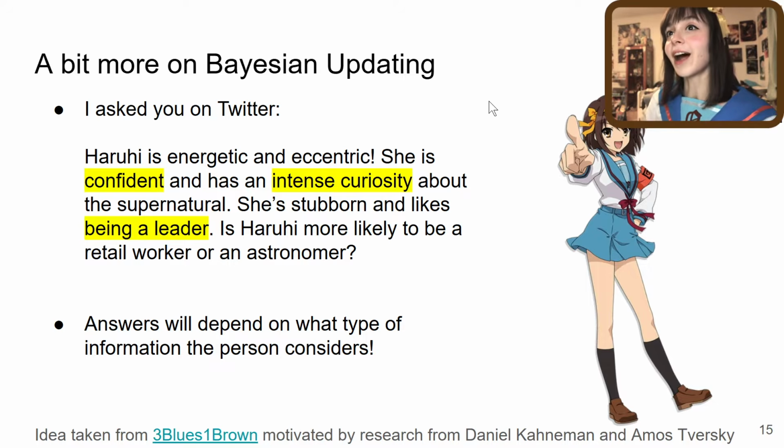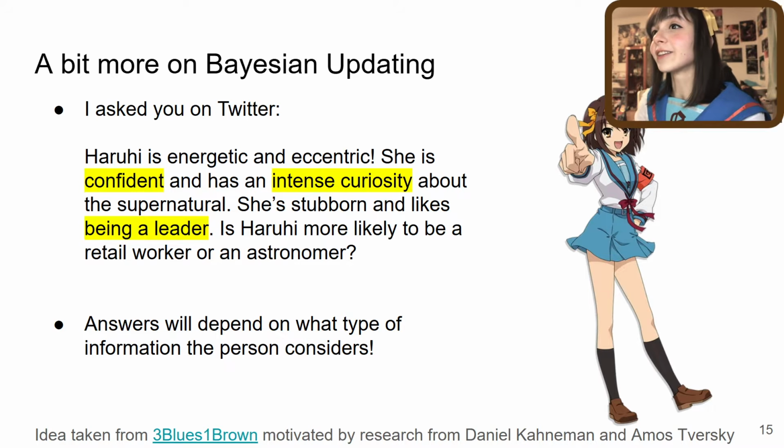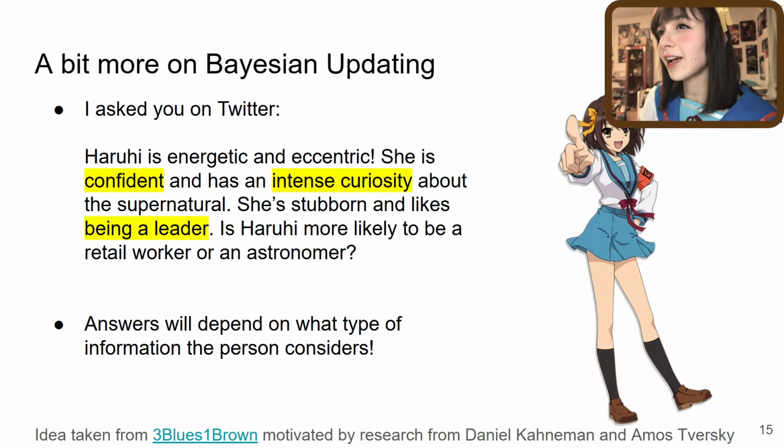So I asked you guys on Twitter: Harhi is energetic and eccentric. She's confident and has an intense curiosity about the supernatural. She's stubborn and likes being a leader. Is Harhi more likely to be a retail worker, or is she more likely to be an astronomer?